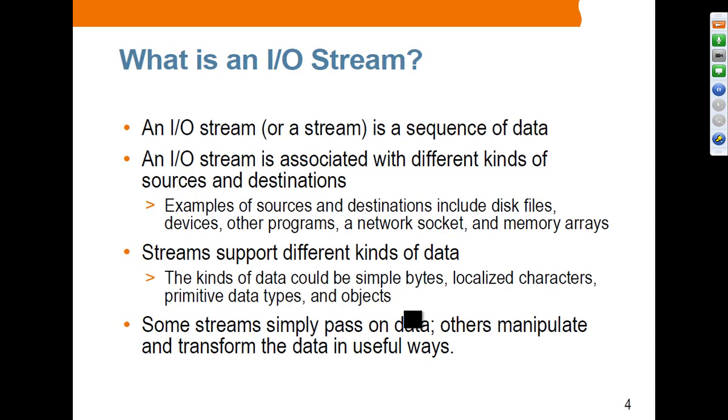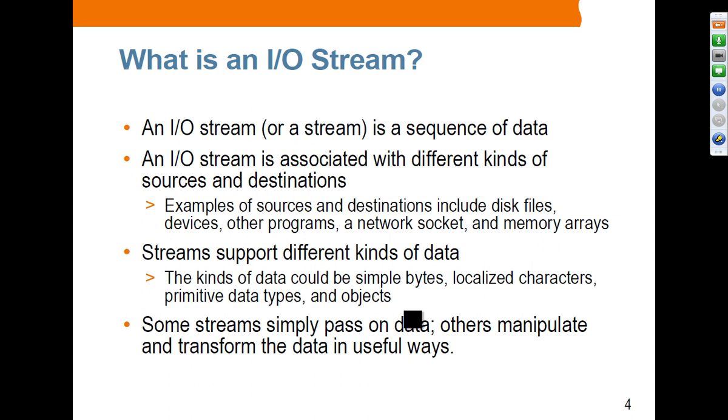So an IO stream is a sequence of data. By the way, we are going to use the term stream as well. So IO stream and stream, we are going to use these two terms interchangeably. An IO stream is associated with different kinds of sources and destinations. Typically, when we get something, we get it from the keyboard or from a file, right?